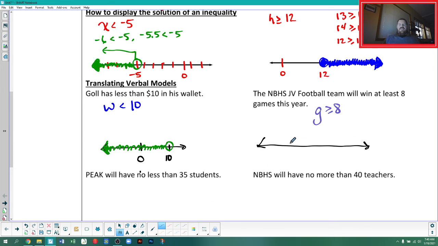So again, I want to know where 0 is. I want to know where 8 is. And then we can go ahead and graph that. They can win 8 games, so we're going to fill that in. If they win 8 games, in other words, our requirement is satisfied. It is a requirement.